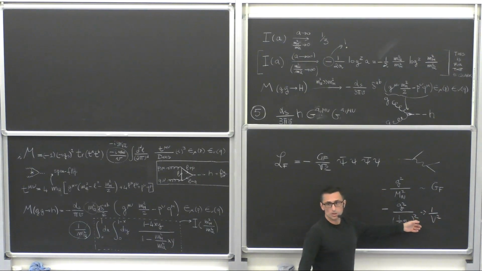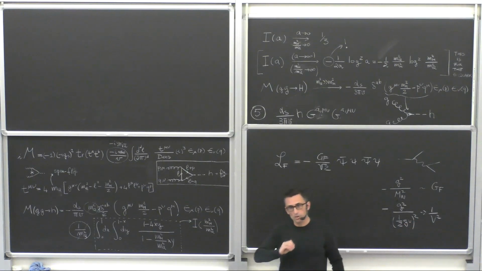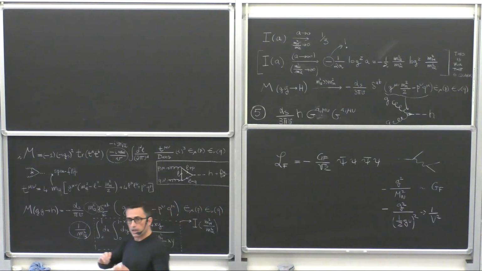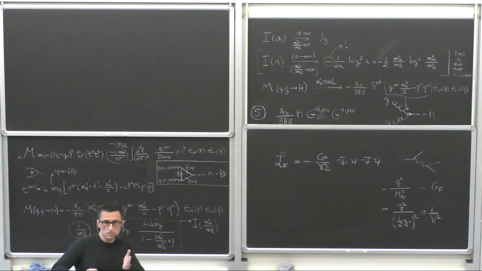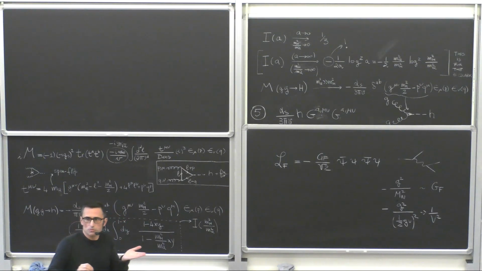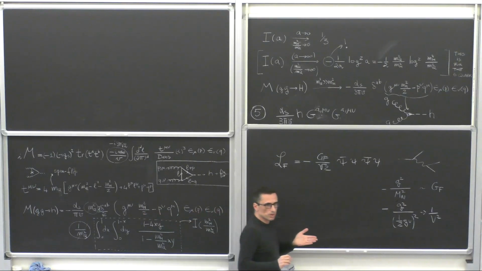There is no information on MW. The only information we get from the muon decay is where V is, not MW. And then if you want a theory which is weakly interacting, MW must be lower somewhere before V. That's the only thing we know, if G is smaller than 1.